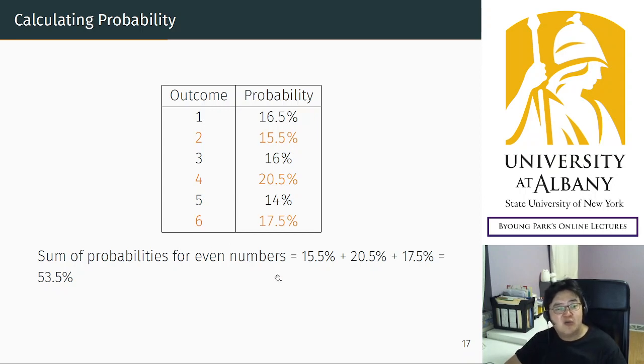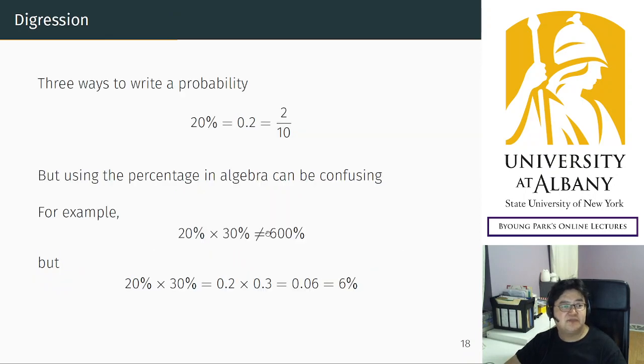But what I want you to think about at this point, before doing that, is a digression. There are three different ways to write a probability. You may write it as 20%, or 0.2, or 2/10. Or 1/5 is also the same probability.